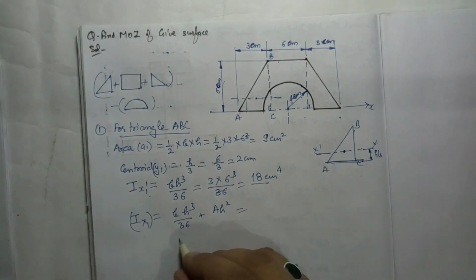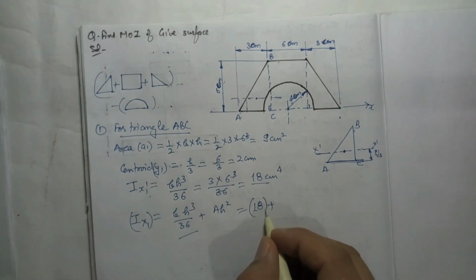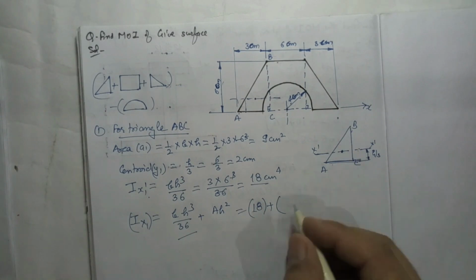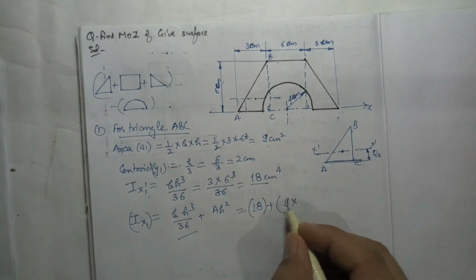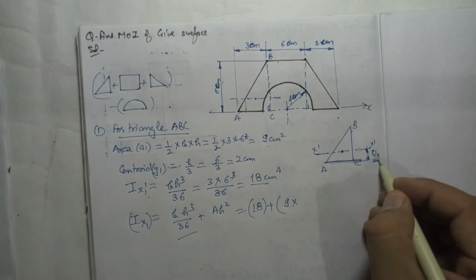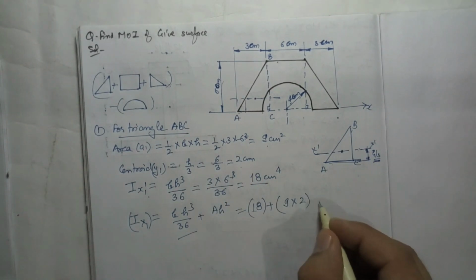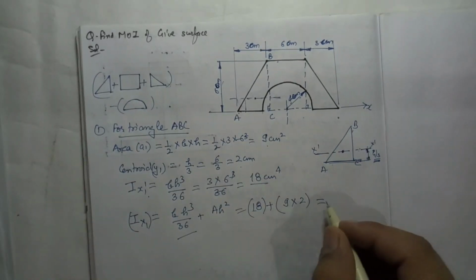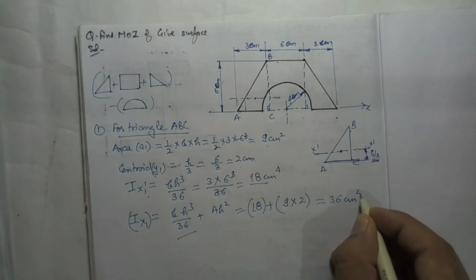So this value we have directly, plus the area, which we calculated as 9, into h square, the gap between these axes, that is h by 3, which we calculated as 2. Now this is 18 plus 18, that is 36 centimeter power 4.